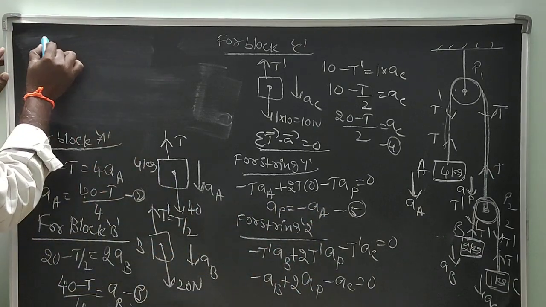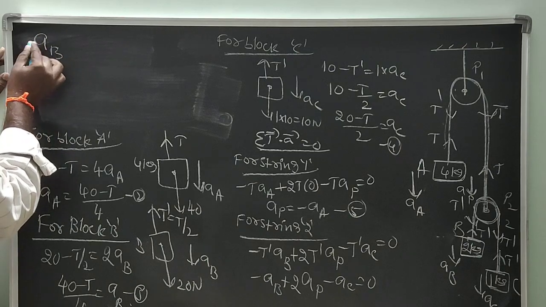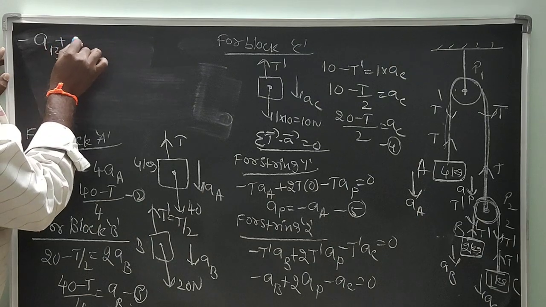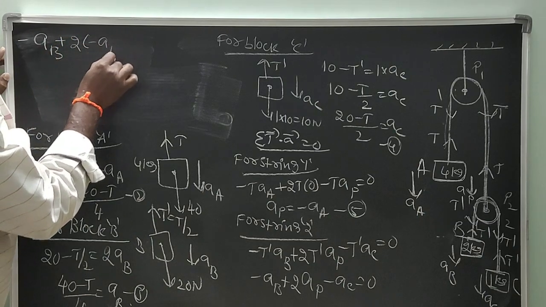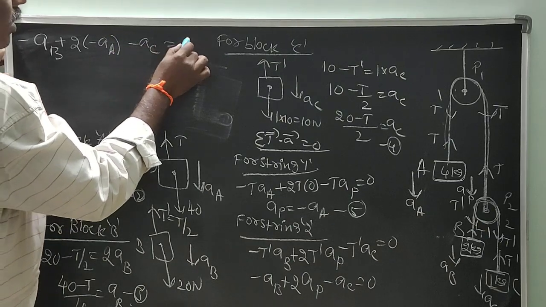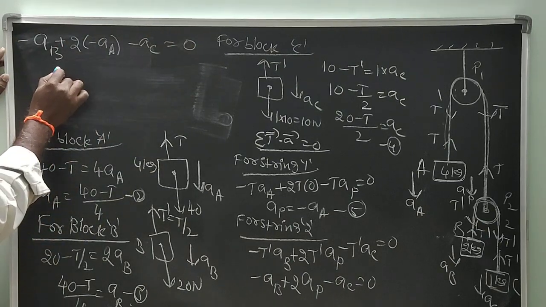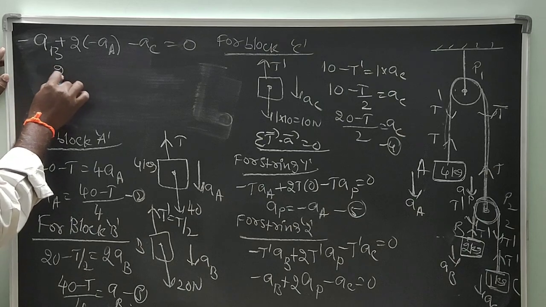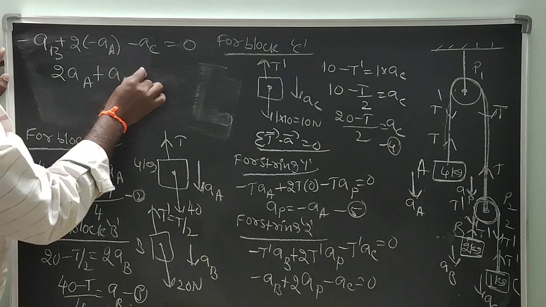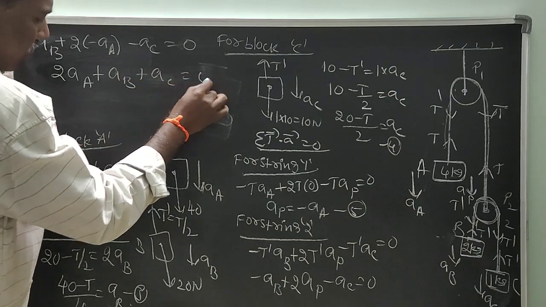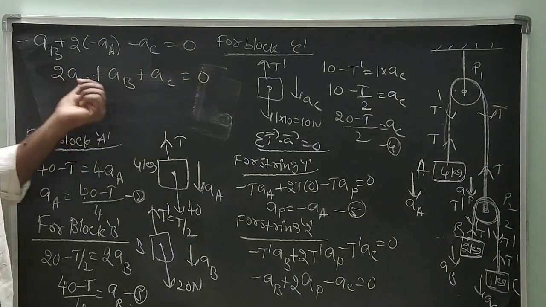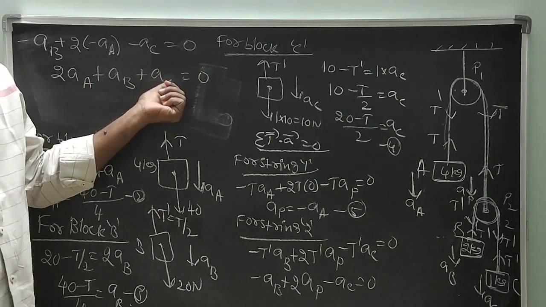So minus AB plus 2 into minus AA minus AC is equal to 0, that is 2AA plus AB plus AC is equal to 0. This is the relation between the accelerations AA, AB, AC.